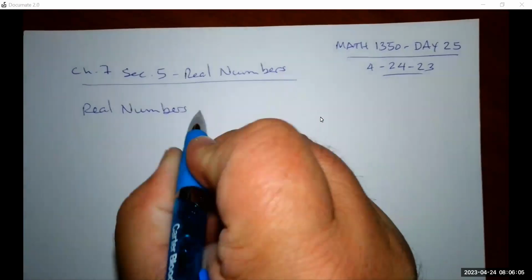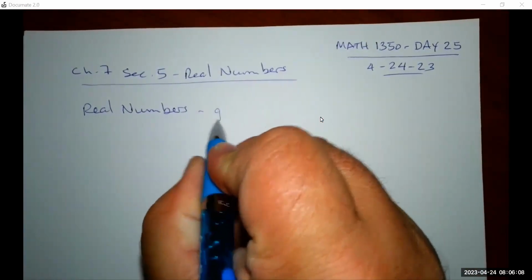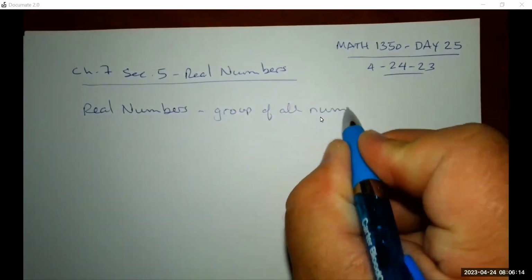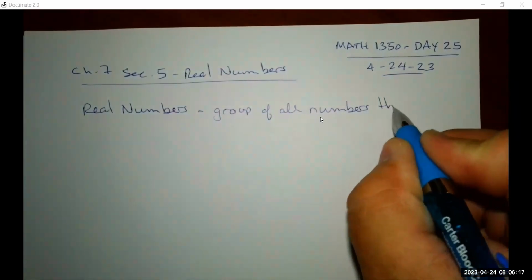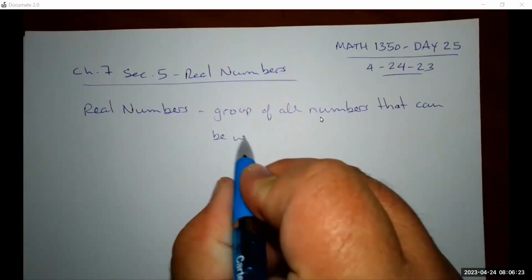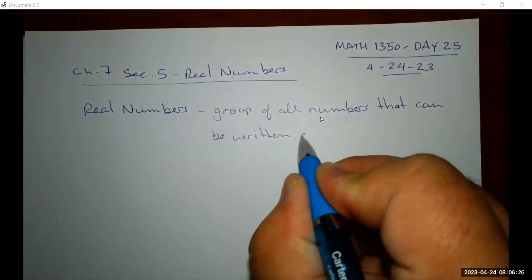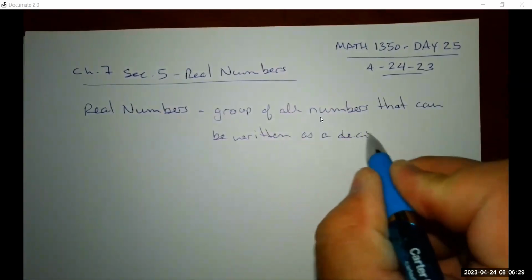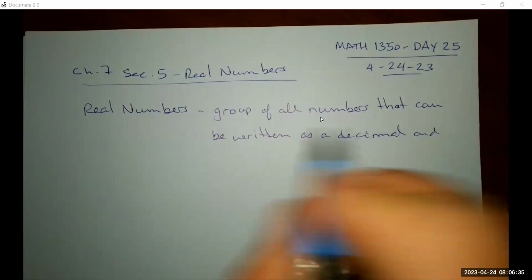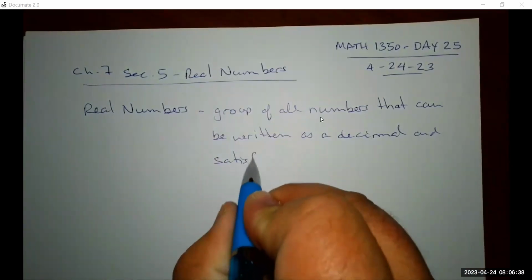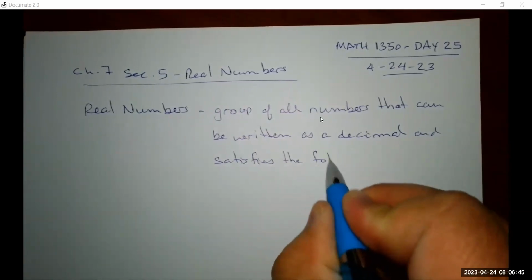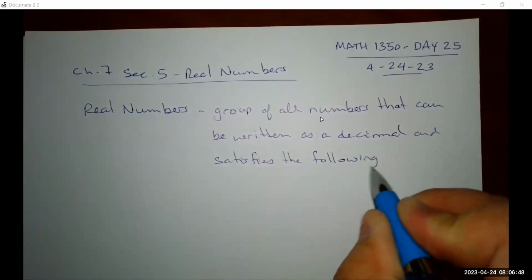Real numbers are the group of all numbers that can be written as a decimal and satisfy the following conditions.